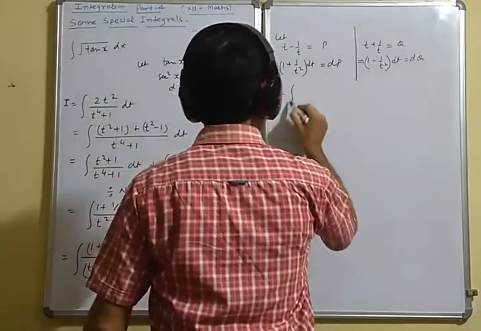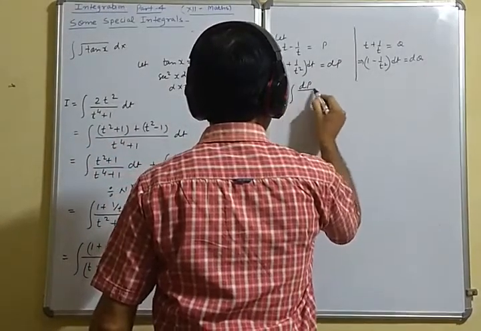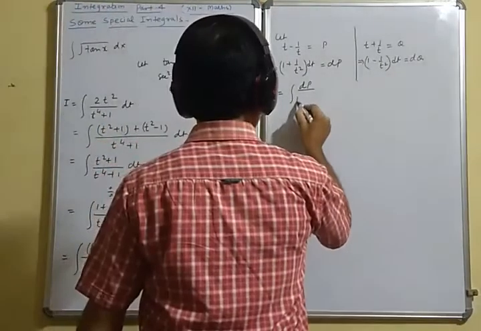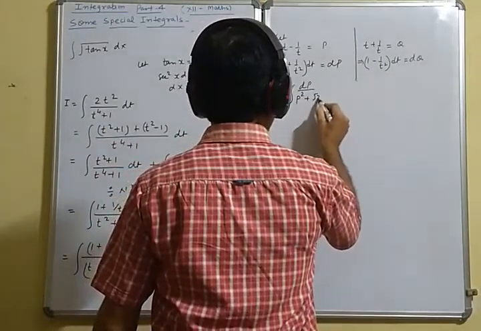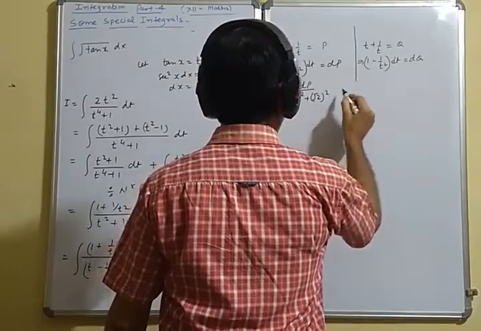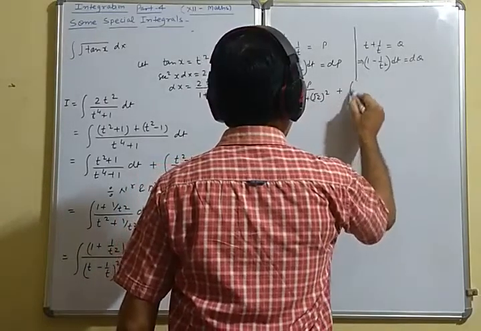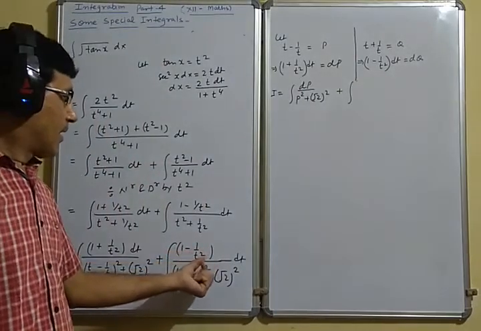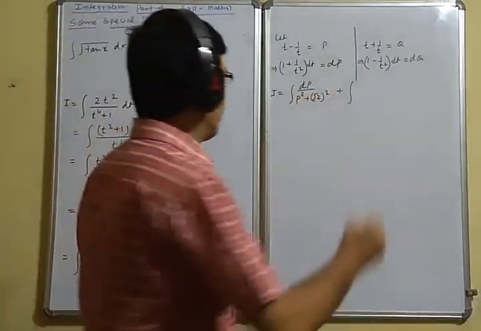So this integration becomes dp upon p square plus root 2 whole square, plus 1 minus 1 upon t square dt, that is dq, so dq upon q square minus root 2 whole square.